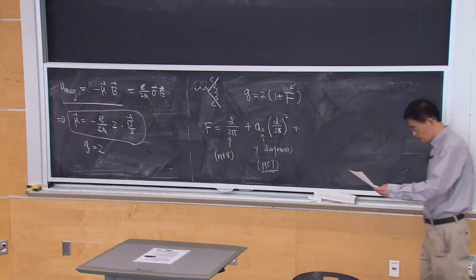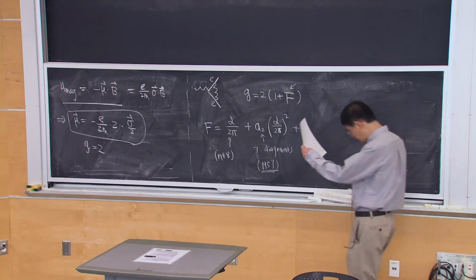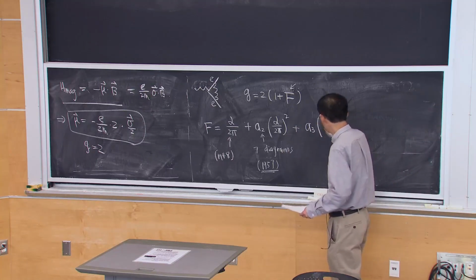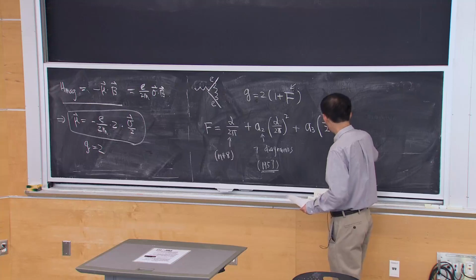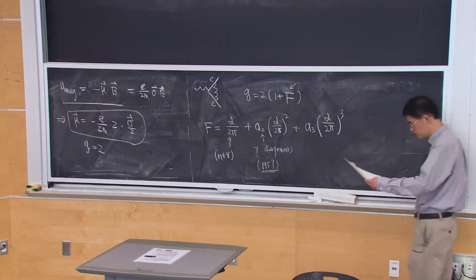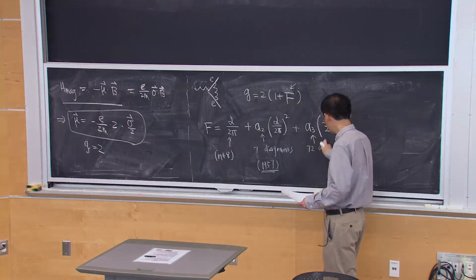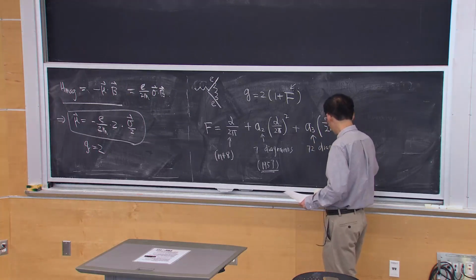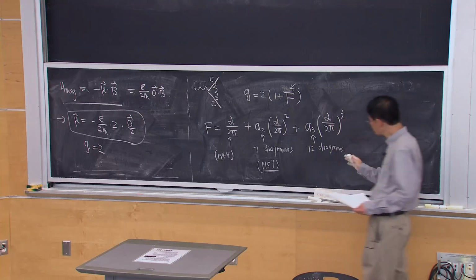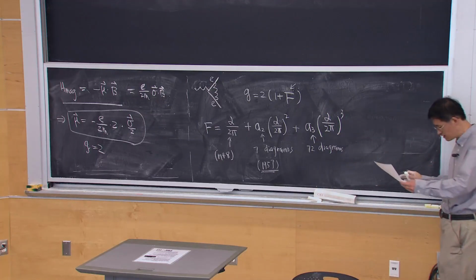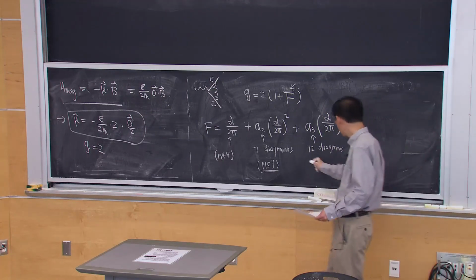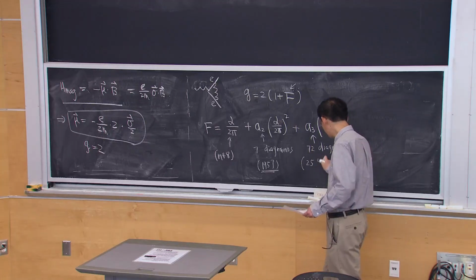Anyway, now you can also calculate the next one, A3. You parameterize again by the cube, and now this includes 72 diagrams. It took two physicists, and I won't write down their names, 25 years to calculate it.